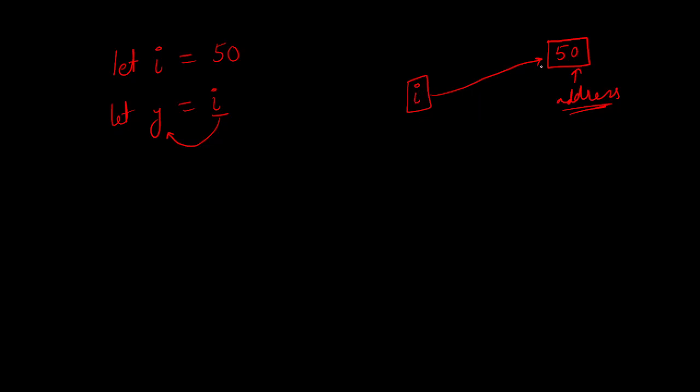Previously we had i pointing to the address of 50, and if we pass the ownership, a new chain will be created. y is created, and now y is pointing to that memory location, and i will no longer refer to that memory location, because the ownership of i is passed to the y variable with this statement.